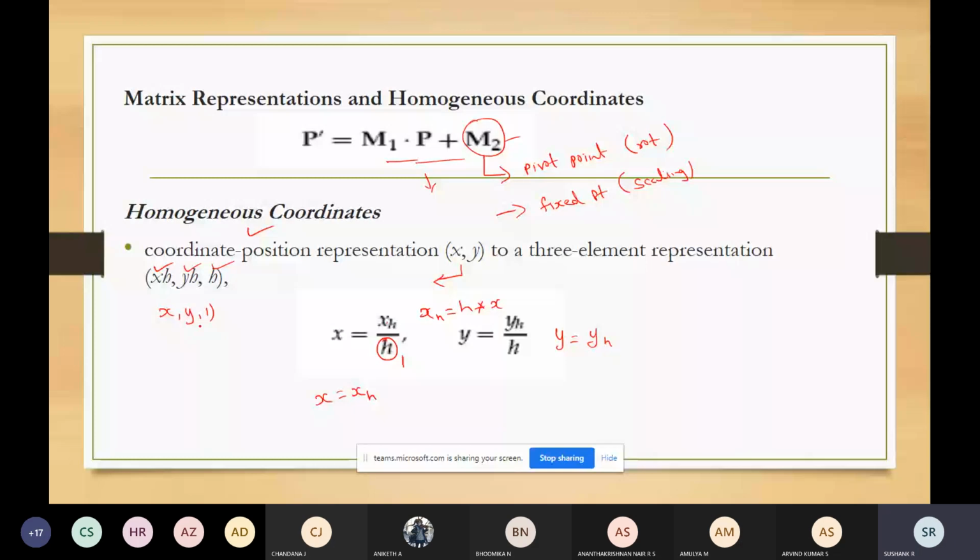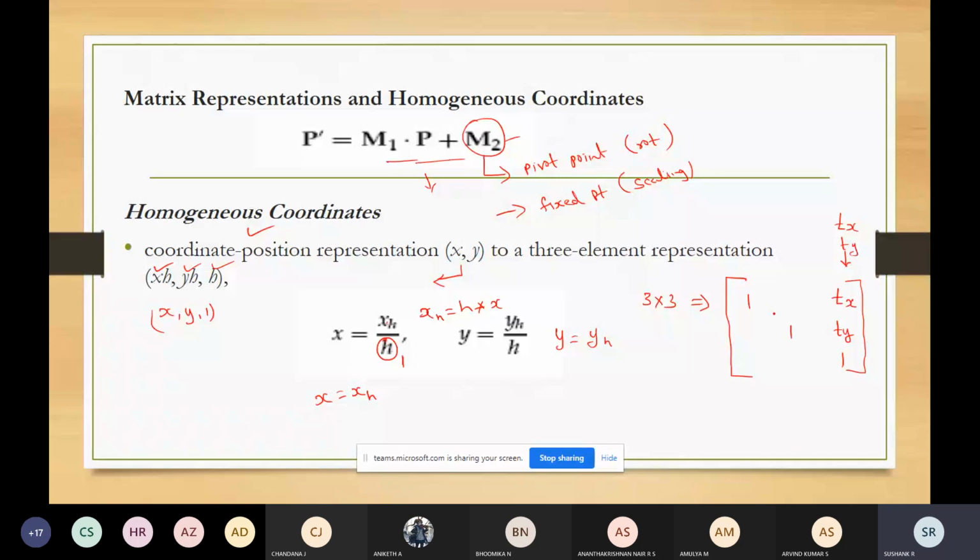Now the same two point representation can be converted into a 3 cross 3 matrix, where the diagonal takes the values 1, and the third column contains the translation values tx, ty.